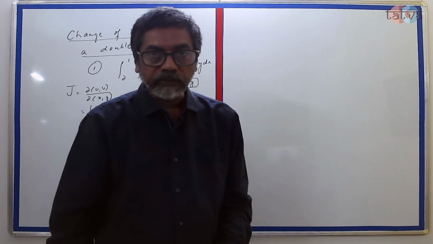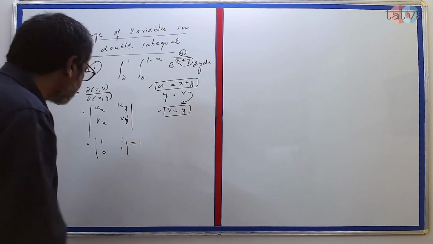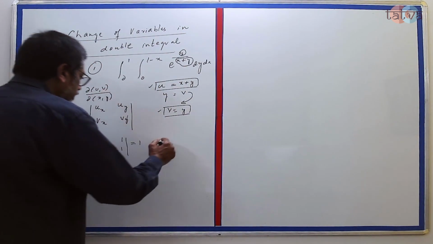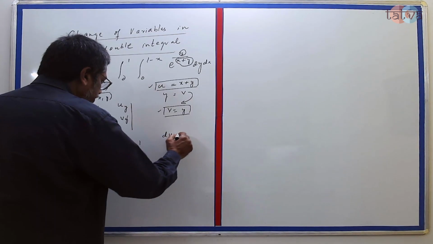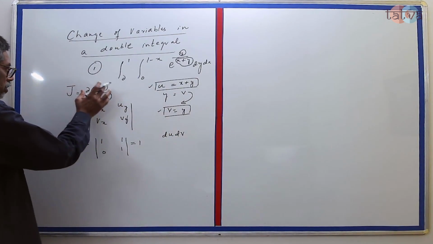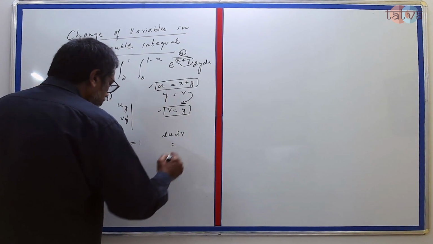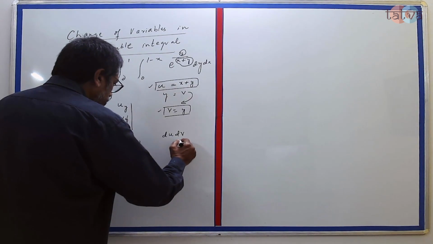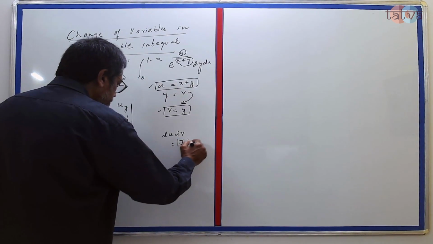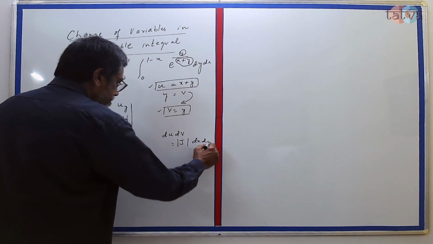So what does it mean? It means the area element du dv is the Jacobian times dx dy.